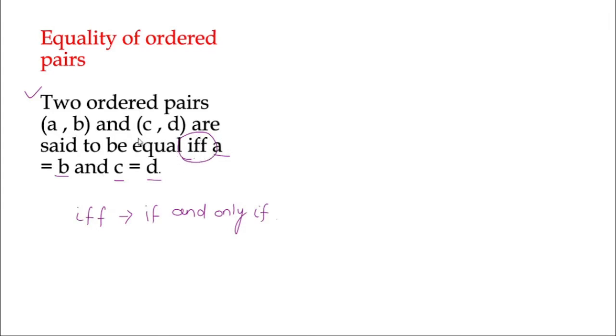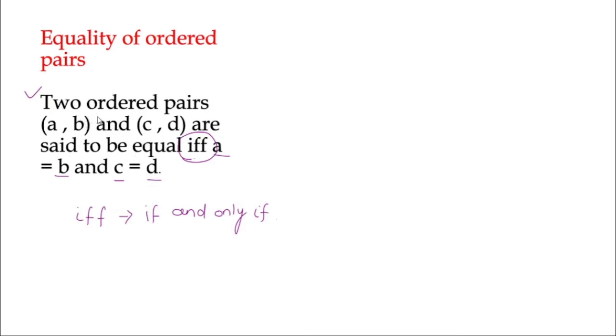That means the statement before if and only if and the statement after it both depend upon one another. If the first one is true, then the second will also be true, and if the second statement is true, then the first statement must be true.